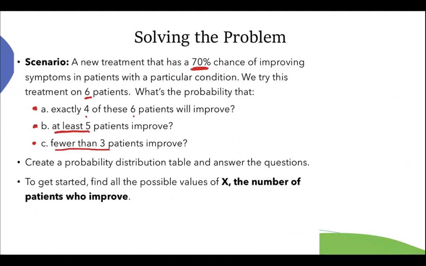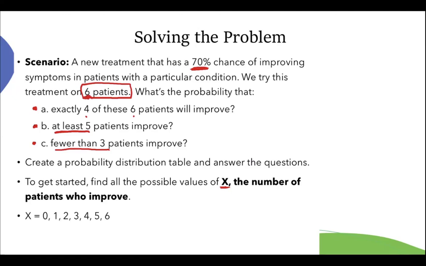So the first thing we're going to do is identify all the values of X. X represents the number of patients who improve. In our set of 6 patients, there could be no patients who improve, but there could be all of them, up to 6 patients who improve.